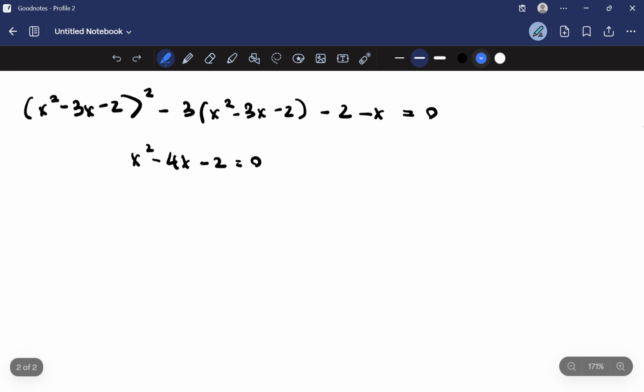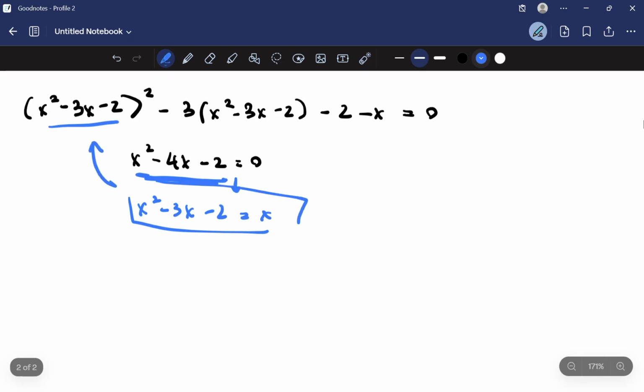Okay, so first, seeing x squared minus 3x minus 2, and also this, which is like 1x away from it, we want to rewrite this equation to get x squared minus 3x minus 2 is equal to x. And then once we have this, we can use substitution to get x squared minus 3x minus 2 minus x is equal to 0. Subbing in again, as we see, we have this term again.